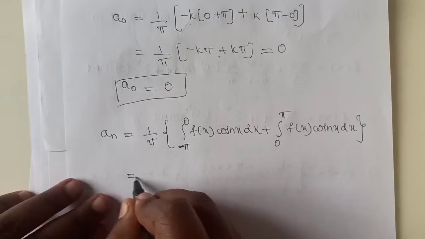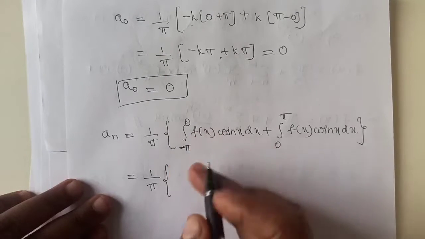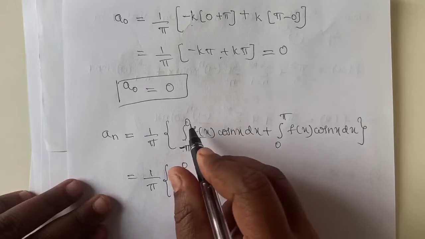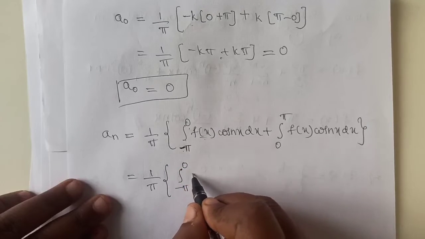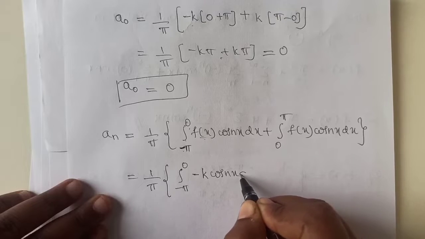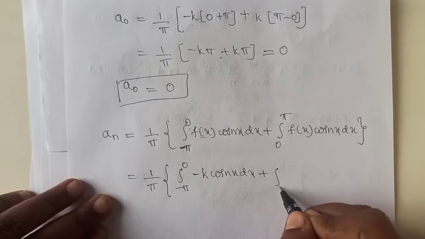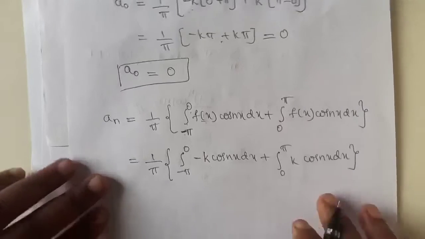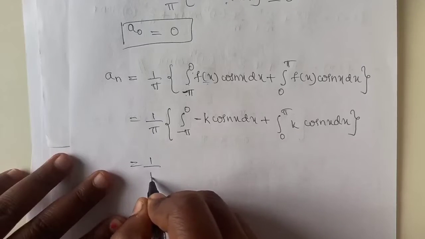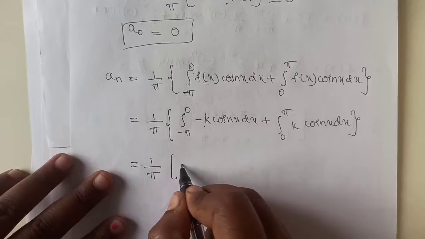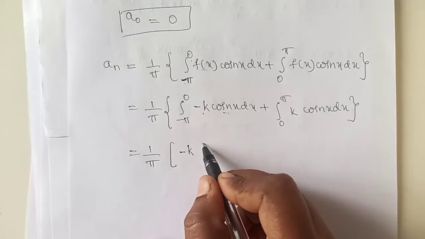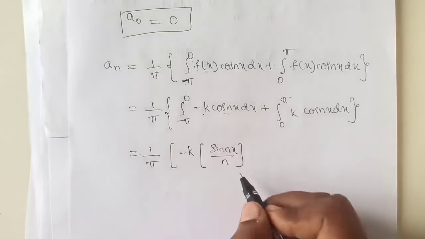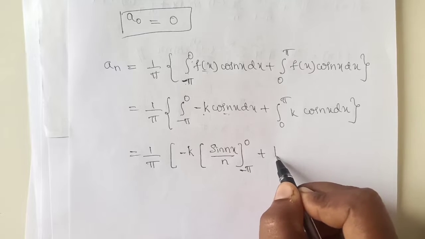Okay, so 1 by pi, so here minus pi to 0, when the interval is minus pi to 0, then we have f of x value minus k cos nx dx plus integral 0 to pi plus k cos nx dx. Now simplifying this one, that is integrating, we get minus k is a constant. So integration of cos nx is sin nx divided by n, and the limits are minus pi to 0, plus k is constant.